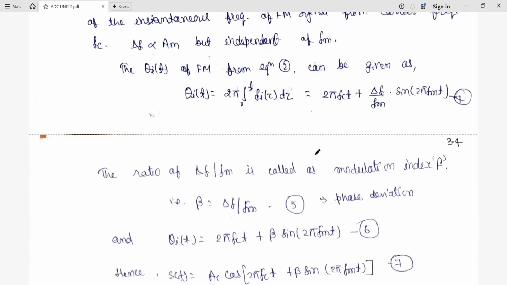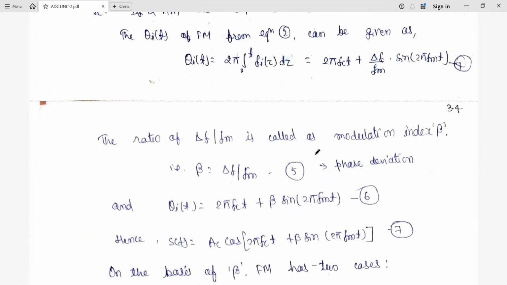Here in the integration part, fi of t has the value fc plus Kf into Am, which is delta f, times cos 2 pi fm t. After multiplying by 2 pi, it is integrated with respect to t.